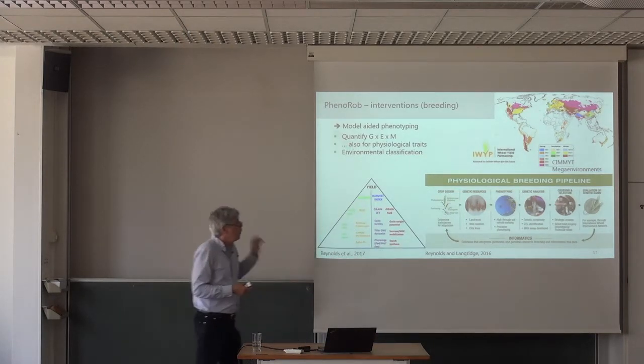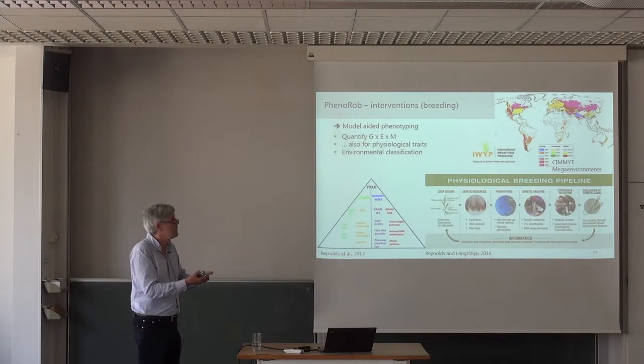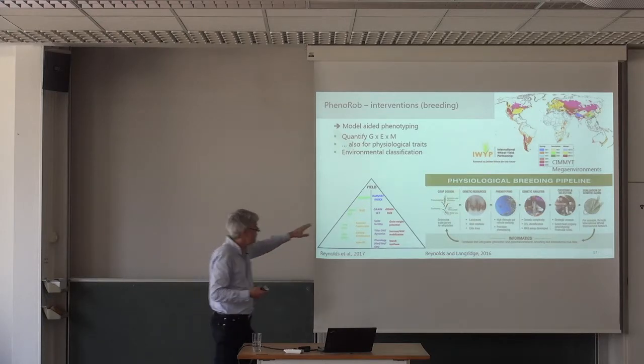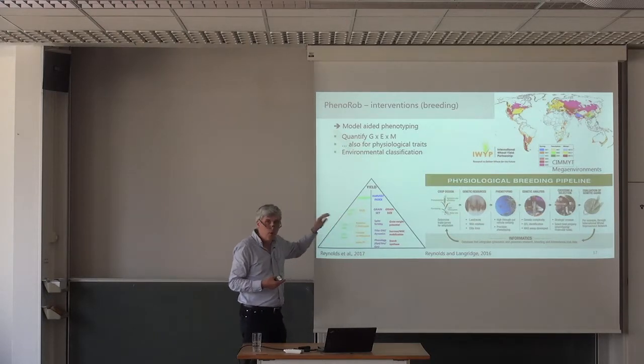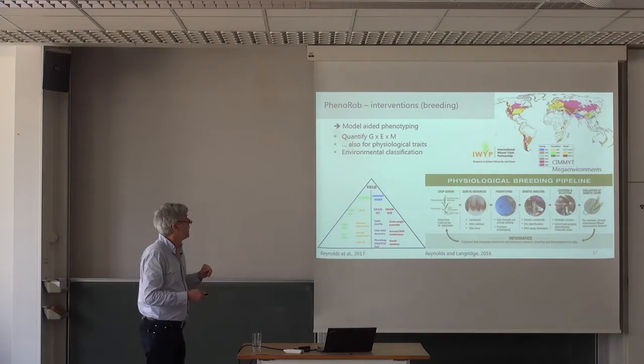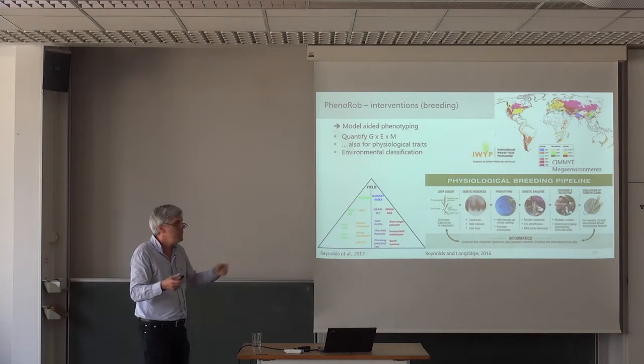One of the tasks there is to perform an environmental classification, to delineate your target environments for which you want to breed and consider certain promising traits. That's an important first step, and that's one of the activities we're doing in this project. Again, it's also applicable to Germany or any other place, from the basic methodology.